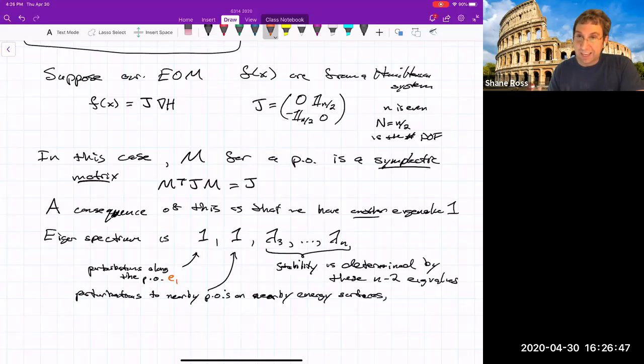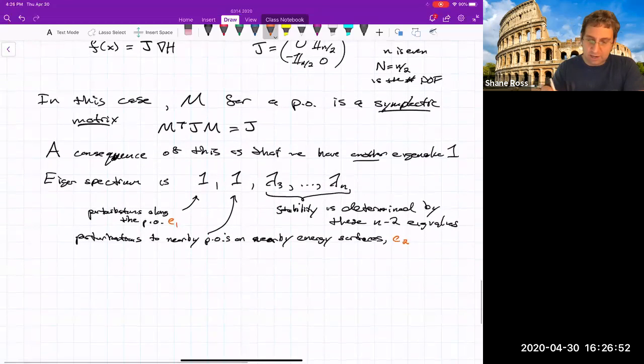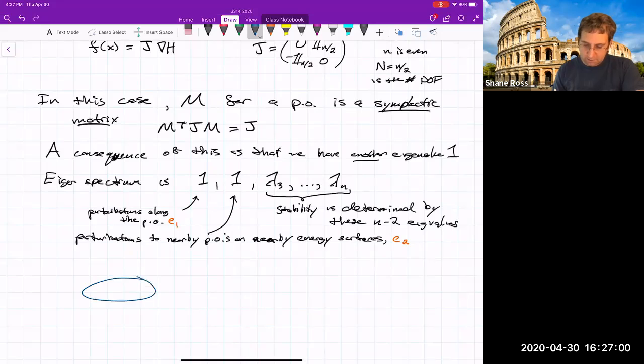And let's just call that direction E2. So a picture to have in mind, and this is just a schematic, would be, here's a periodic orbit. And let's say here's the point where we're at.